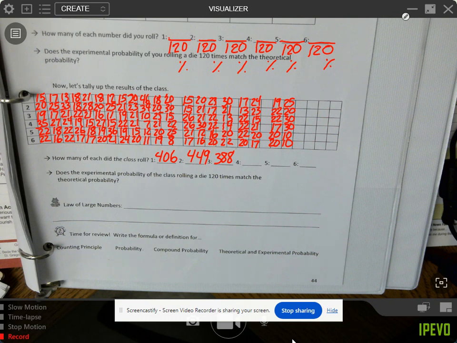After 30 was plus 22 plus 14 plus 22 plus 21 plus 17. Wrong number. 17 plus 30. I got 437. I got 3.